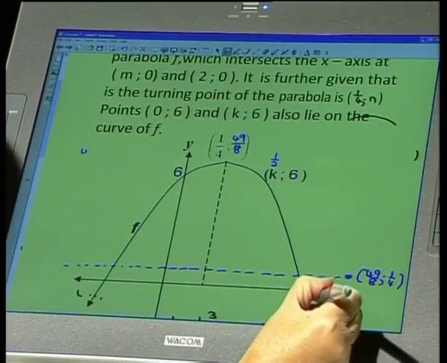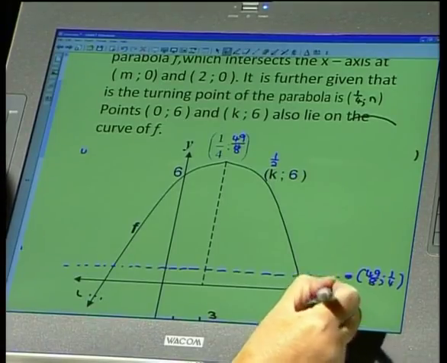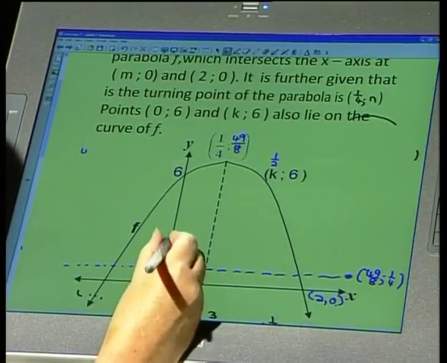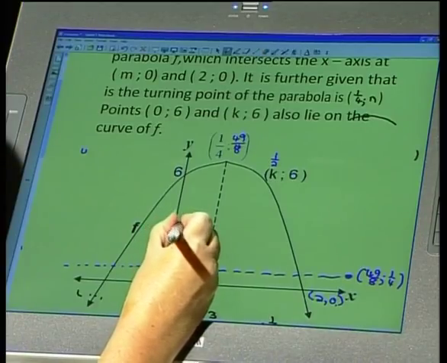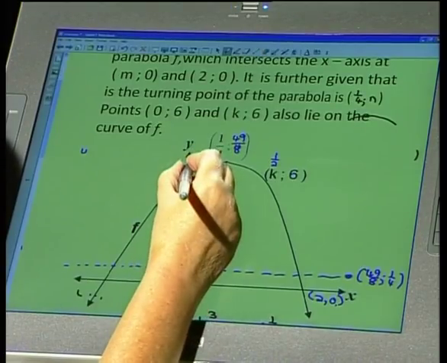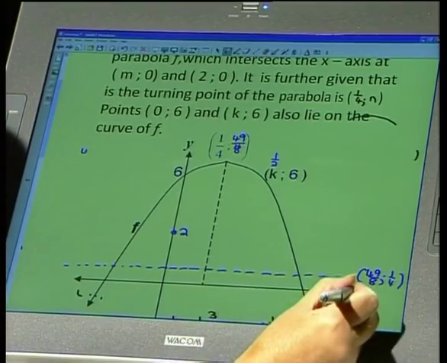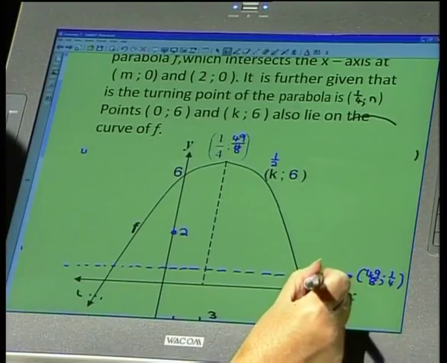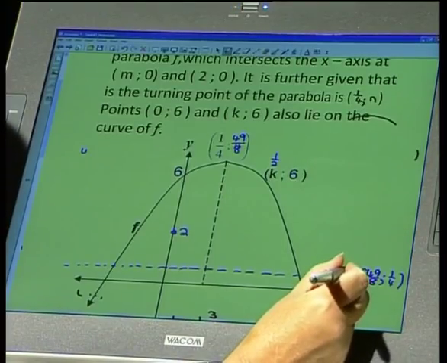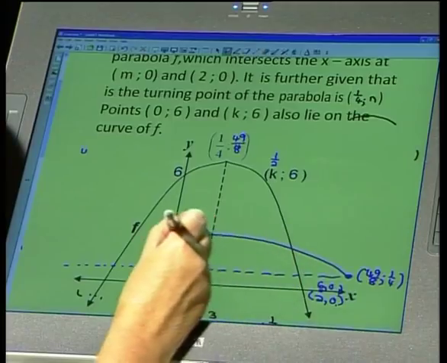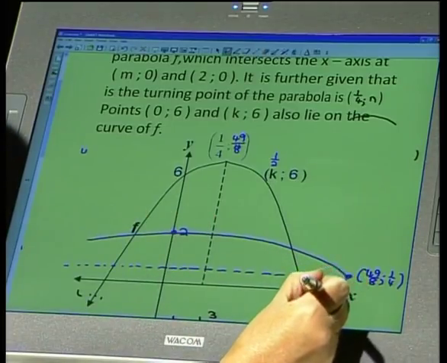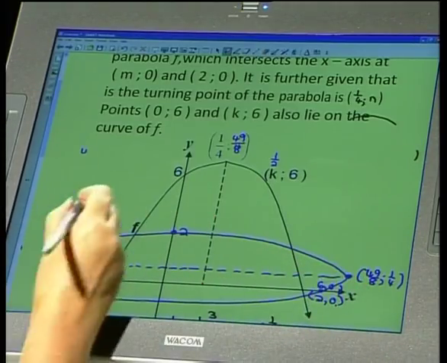The intercept, which was (2, 0), is now (0, 2). So it's more or less over here somewhere. Of course, this is not drawn to scale. And this was cutting at (0, 6), it will now cut at (6, 0). So it'll be along here somewhere, (6, 0). So what's happening to this graph is it sort of looks like this. Of course, the scale is a little skewed.